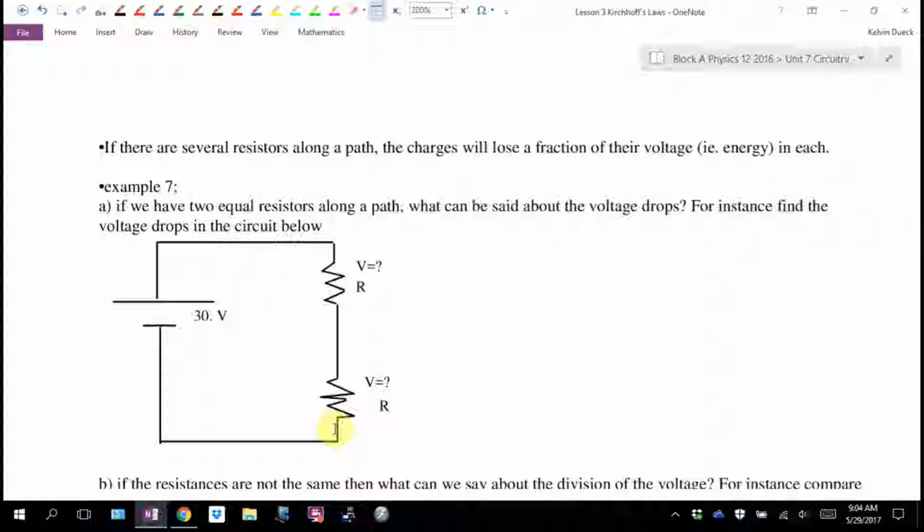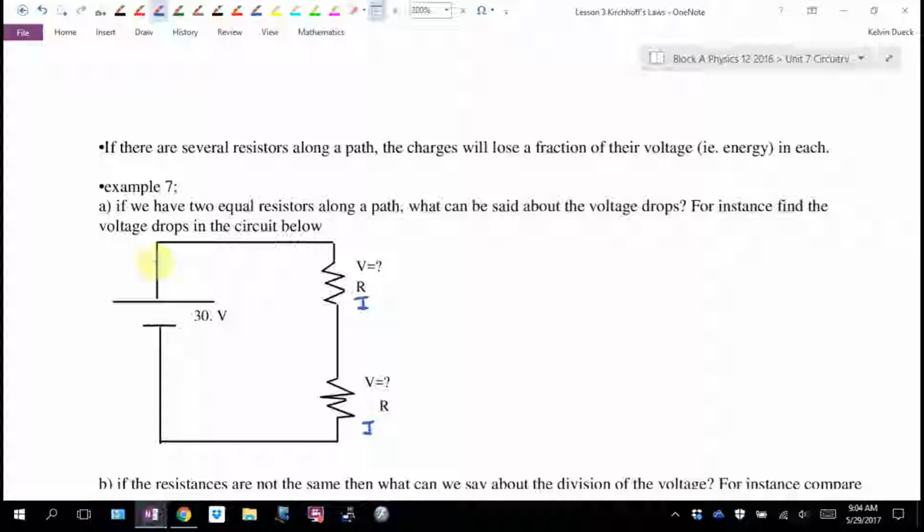And again, here's a couple of little shortcuts that you can use that aren't all that necessary. But for what it's worth, if we have two identical resistors along a path, what can be said about the voltage drops? Well, ready? What can you tell me about the current in each of these resistors? Different or the same?